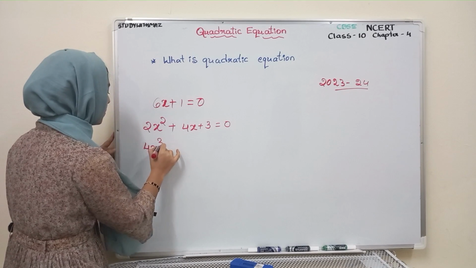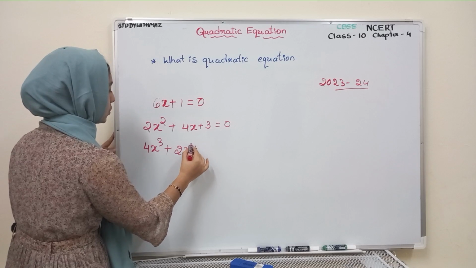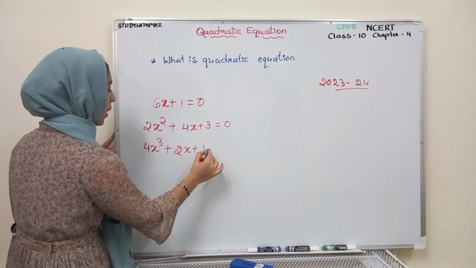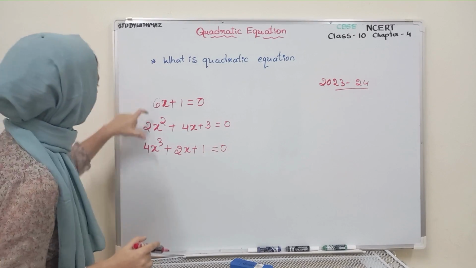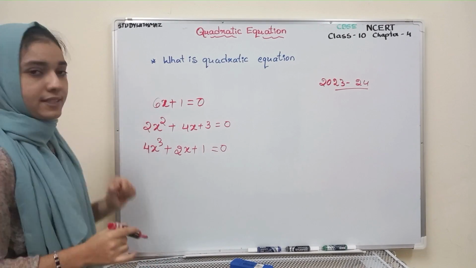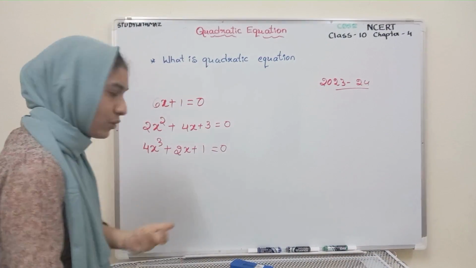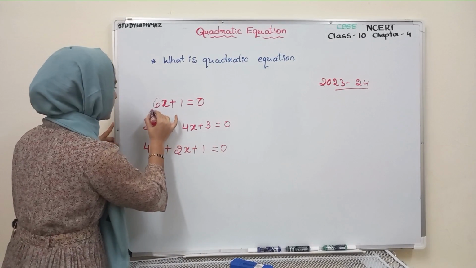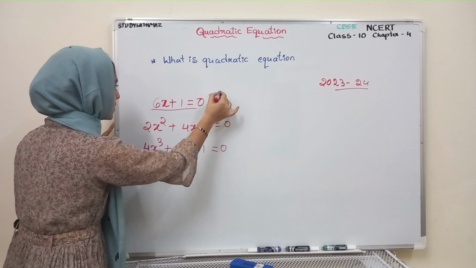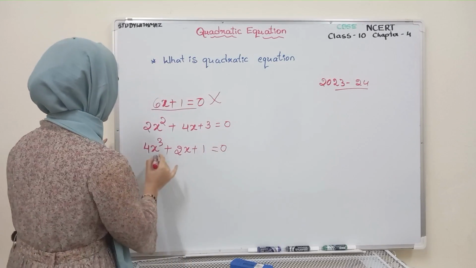4x cube plus 2x plus 1 equal to 0. Okay, now tell me, among these three, which one is a quadratic equation? Can you able to identify? Okay, let me tell you, 6x plus 1 is not a quadratic equation. Why? I will tell you.